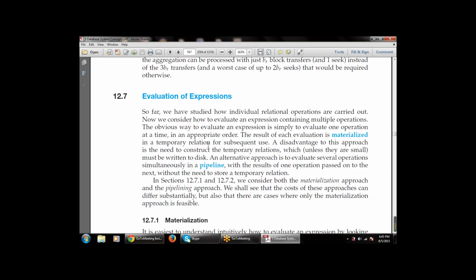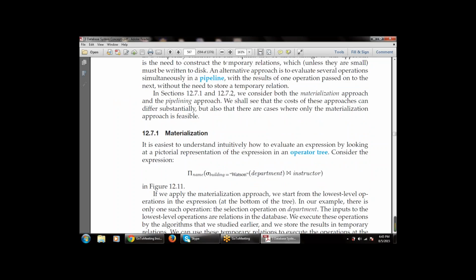So the first part is materialization, that is, the concept used in materialization. It is easier to understand how to evaluate an expression by looking at a pictorial representation of the expression as an operator tree. We have drawn an operator tree for materialization.